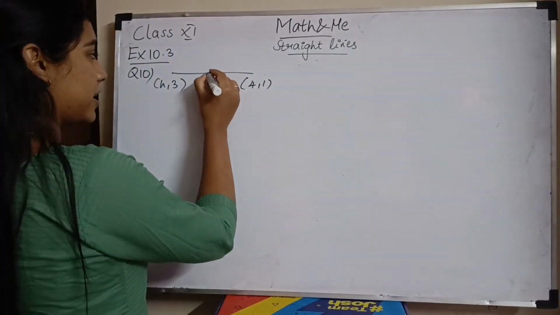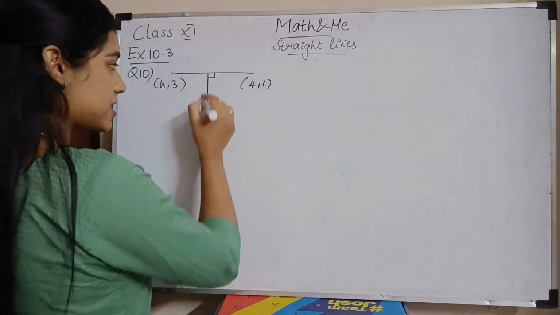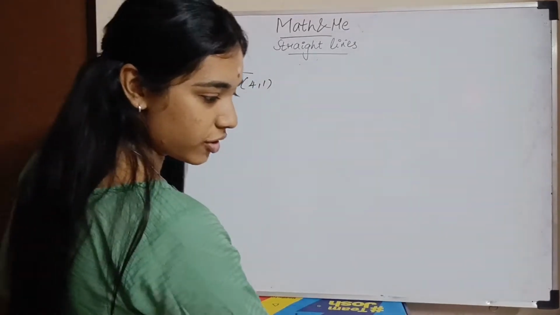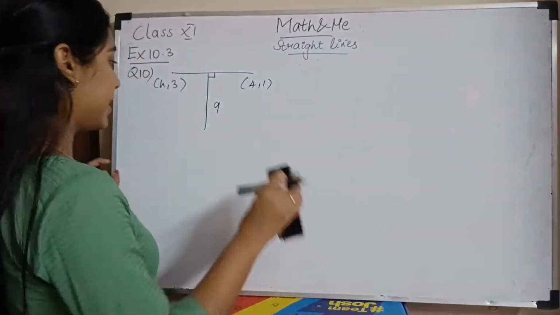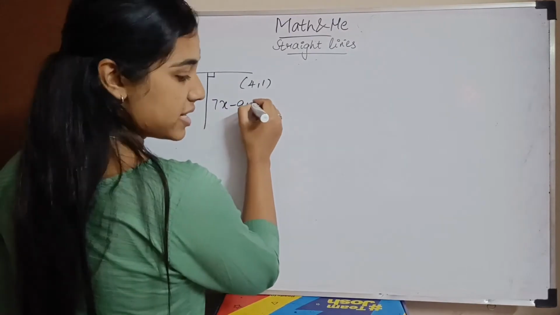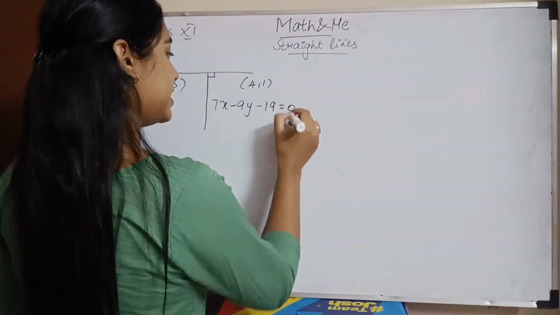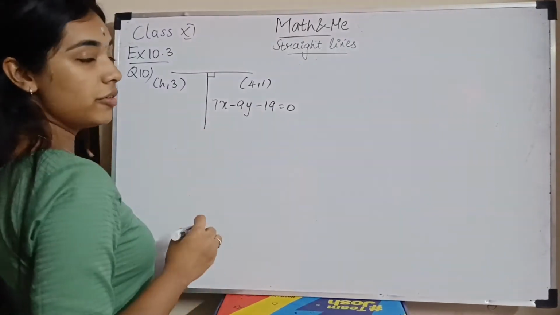Find the value of h. So there is another line, and this particular line intersects the line which has an equation of 7x minus 9y minus 19 equals 0.